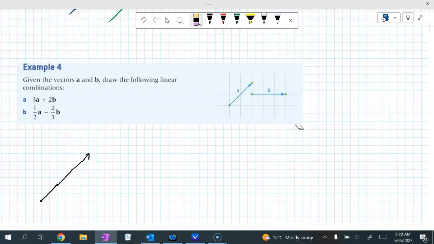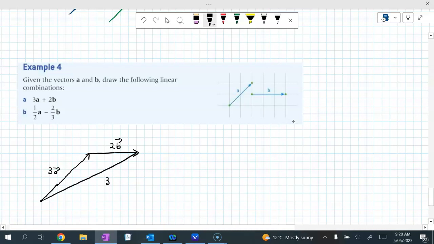And so then 3A is just 3 lots of A put together. And then we're adding 2 lots of B. So 1 lot of B is just from there to there, and a second lot of B is all the way across. So that's 2B. And so then the addition of those is from the start to the end. So that's 3A plus 2B.